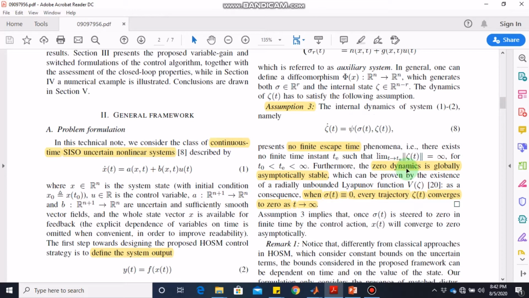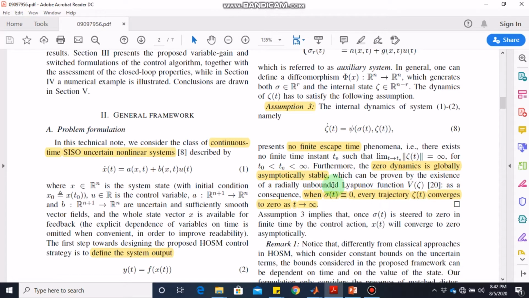So assumption 3 requires that the internal dynamics should not have any escape time with any possible value of the sliding surface, and when the sliding surface is 0, the corresponding zero dynamics should be globally asymptotically stable.